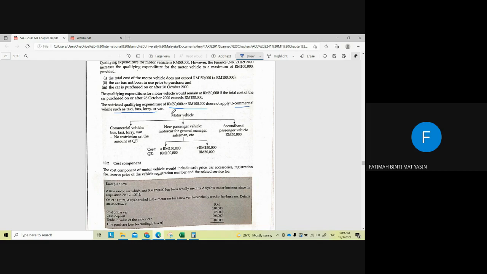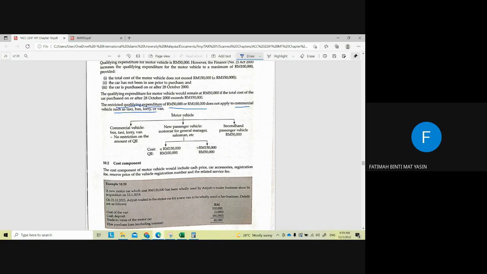Same goes here. For an asset that the company purchases as a commercial vehicle, even if the value is more than 150,000, the company can claim the full amount as its QPE. This restriction is applied when you want to determine the QPE for that motor vehicle, that's why it is called restricted qualifying expenditure.